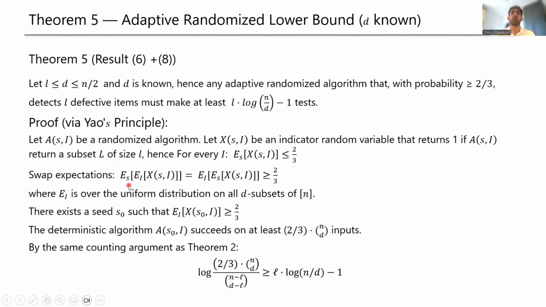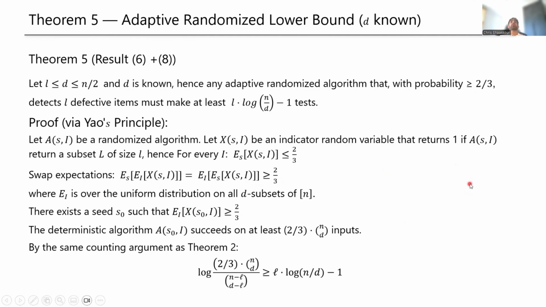So the expectation with respect to S of the expectation with respect to I of the indicator X(S,I) is equal to the expectation with respect to I, the input group, of the expectation over S, the seed, of X(S,I), which is greater than 2/3, where E_I is over the uniform distribution on all D subsets of N. So now we can say that there exists a seed S0 such that the expectation over the input I of X(S0,I) is greater than 2/3.